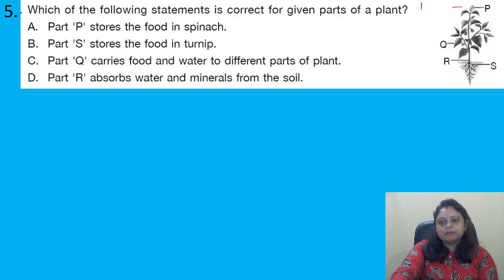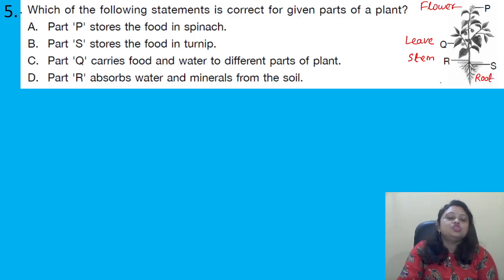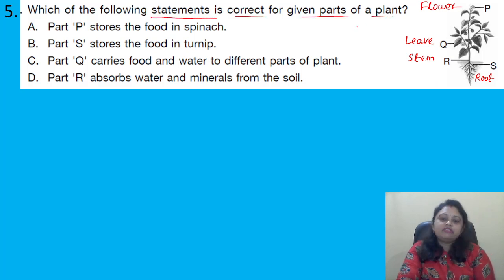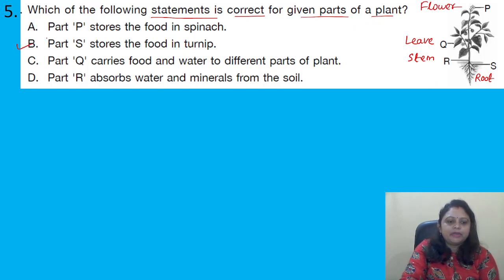You can see P is the flower here, Q is the leaf, R is the stem, and S is the root. Among the given options we have to find which statement is correct for the given part of a plant. Here the correct option is B, part S stores the food in turnip.